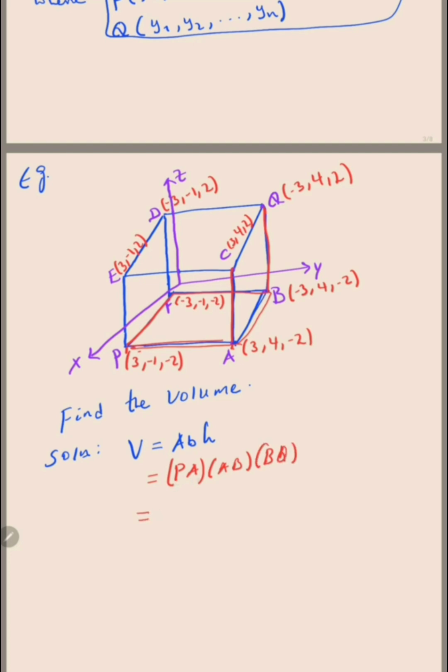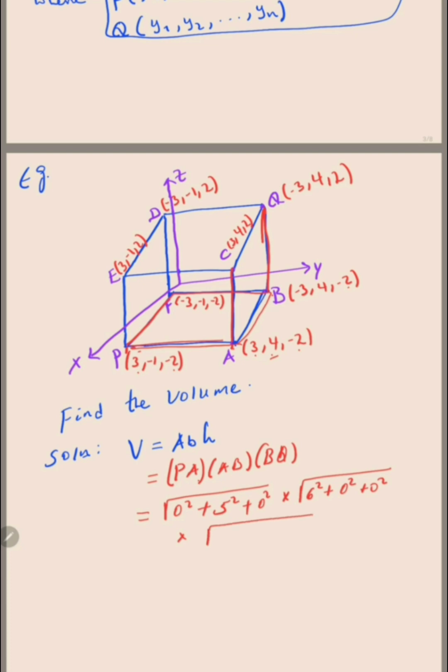So PA, the distance between P and A, is given by the square root of 3 minus 3, which is 0, squared, plus 4 minus minus 1, which is 5, squared, plus minus 2 minus minus 2, which is 0, squared, times the distance between A and B, which is minus 3 minus 3, which is minus 6, the same as 6 squared, plus 4 minus 4, which is 0 squared, plus minus 2 minus minus 2, 0 squared, times the height, which is BQ.